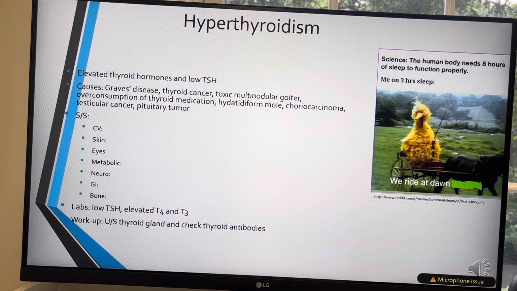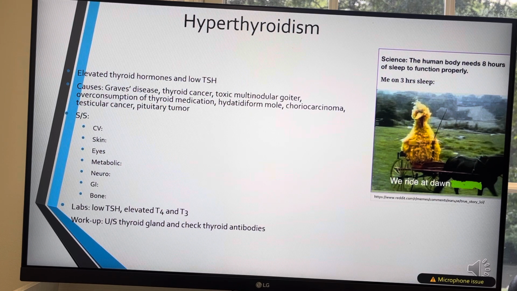So the signs and symptoms then are going to be pretty much the opposite of hypothyroidism. The patient may have palpitations. There will be increased cardiac output, so tachycardia, hypertension, congestive heart failure, AFib, cardiomyopathy.